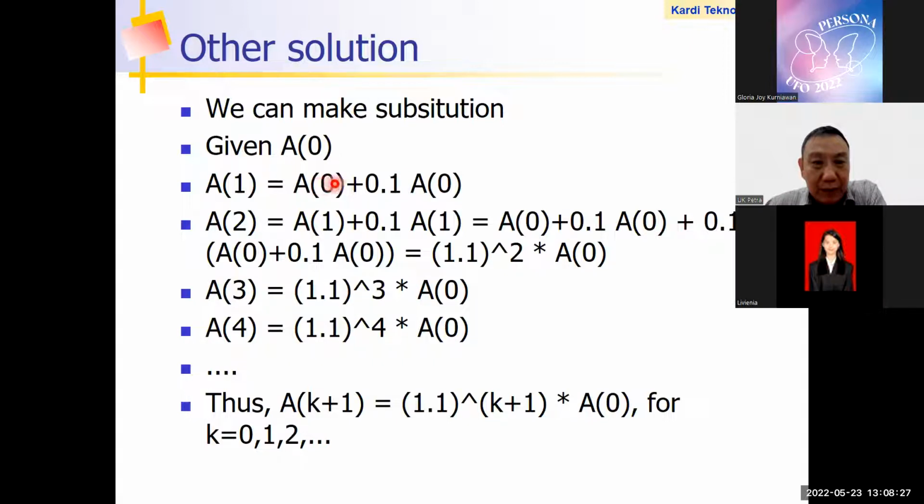So this is the principal, this is the interest. Then you continue the algebra and you get this result: Ak equals 1.1 exponent k plus 1 times A0. So this is the derivation. You notice here is k plus 1, and this is also k plus 1. So if it is 4, this is also exponent 4.